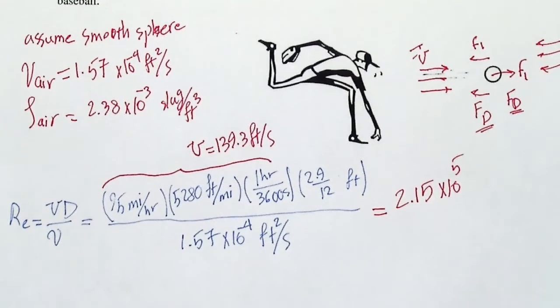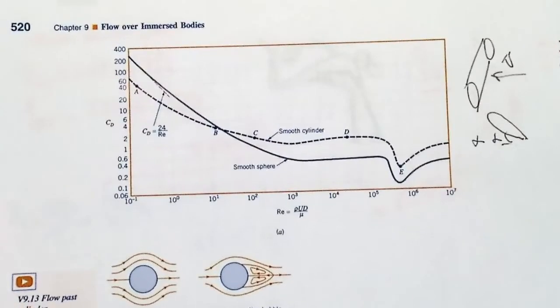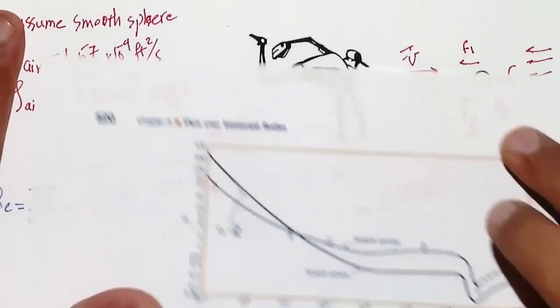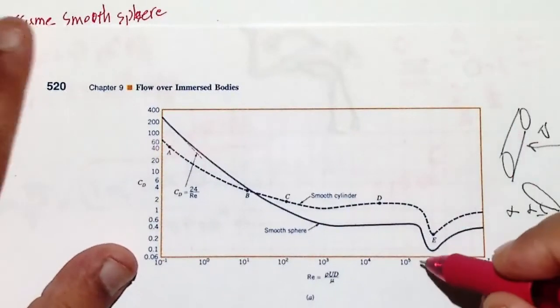Okay, so what's next? In the next part, you have to know what the drag force is, right? So let's go back to the plot. What you found is that the Reynolds number is about 2 times 10 to the power of 5, right?